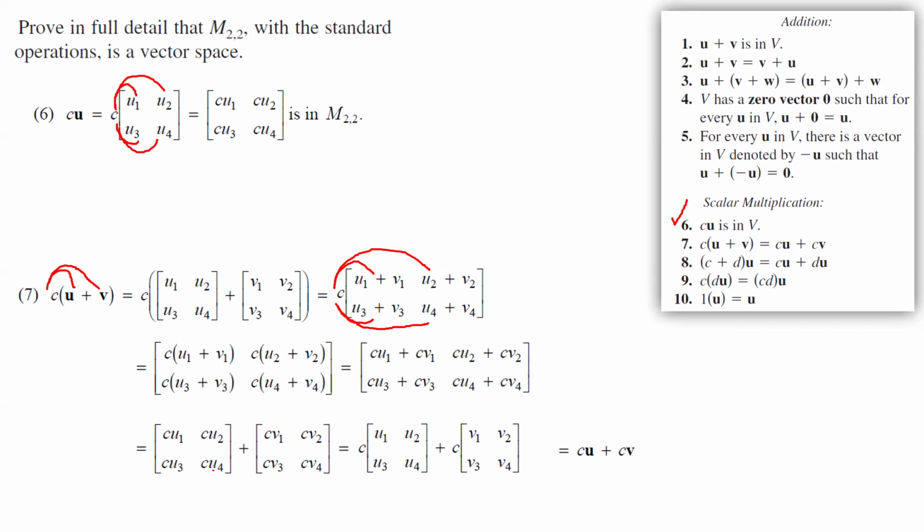So now you can separate these two matrices, and by the property of scalar multiplication, you can write C in front of the first matrix and C in front of the second matrix. Or basically you have CU plus CV. This is the seventh axiom.